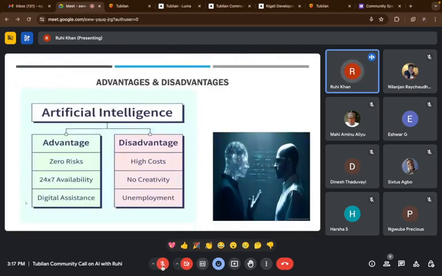Then, the advantages and disadvantages. Before starting with this point, I would like to ask all of you how many of you agree that AI is taking the jobs, like completely vanishing the jobs? Anyone?